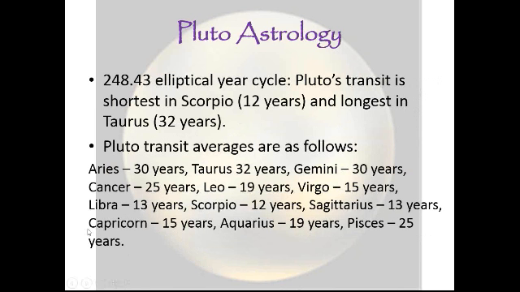And as you can see right here, Capricorn, approximately 15 years. When it moves into Aquarius 2023-24, it will actually be in Aquarius for 19 years.